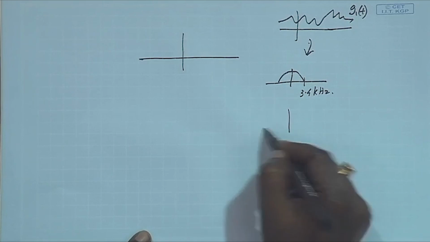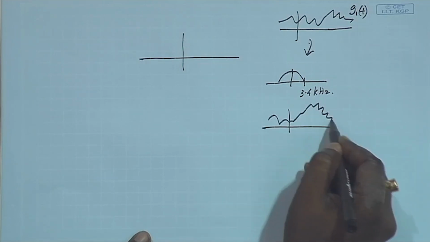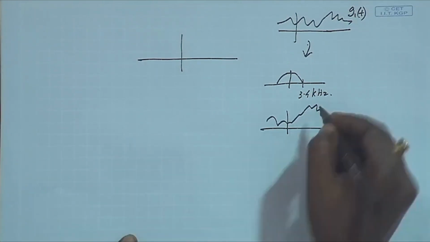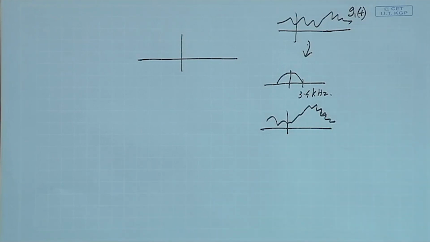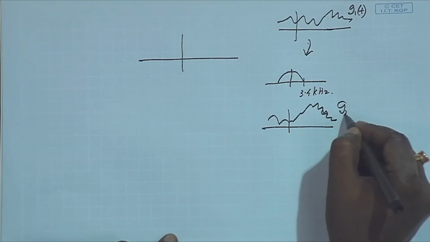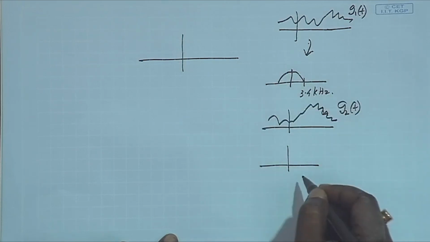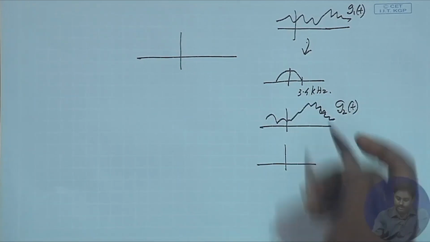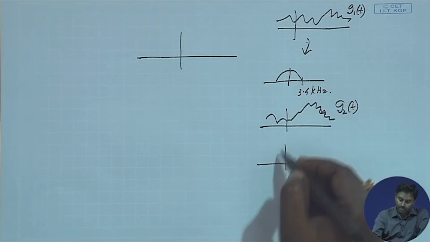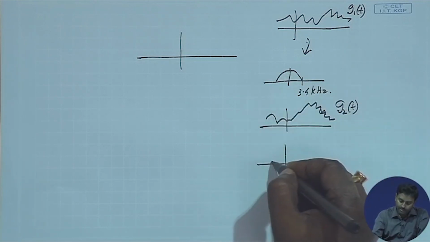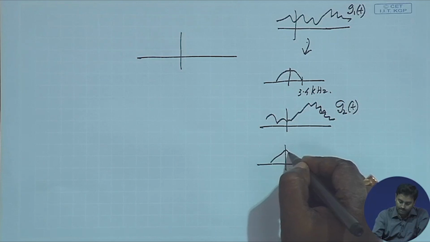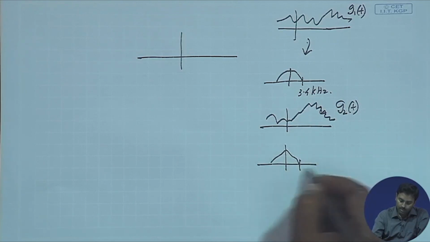Another person also wishes to communicate, and has generated a different speech signal. We call this g2(t), which also has a similar spectrum because it is speech. It will still have the same kind of frequency components, the spectrum might look a little different, but it will be almost up to 3.4 kilohertz.